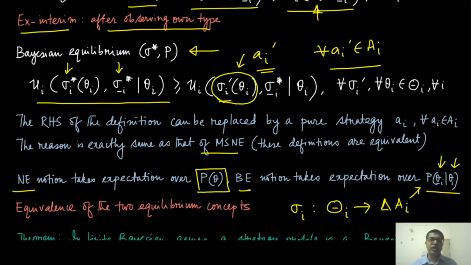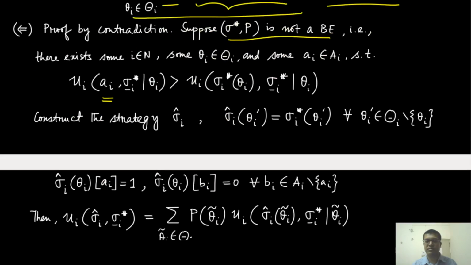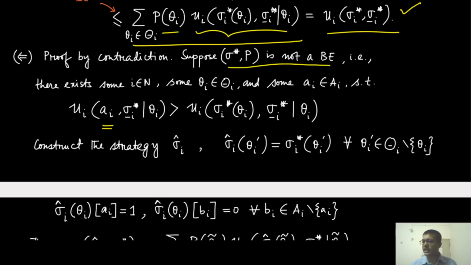Now the negation of this statement will be that there exists some ai prime or ai for which this inequality is flipped, for some player and for some type. So there exists some player i in N, some type theta i, and some action ai, such that this inequality holds.